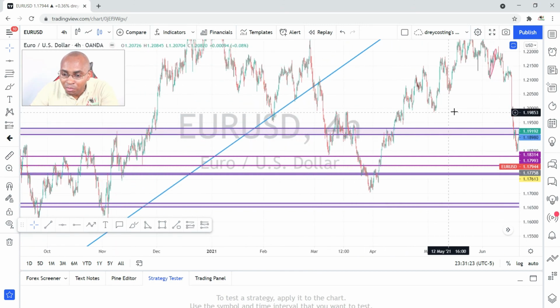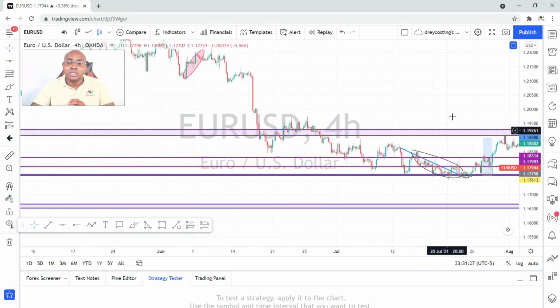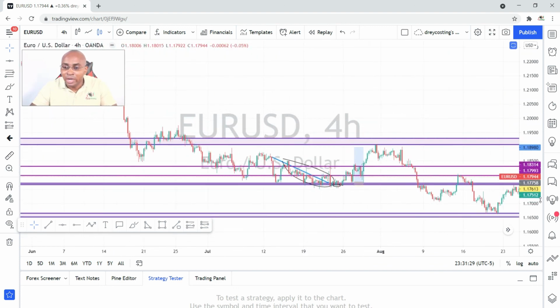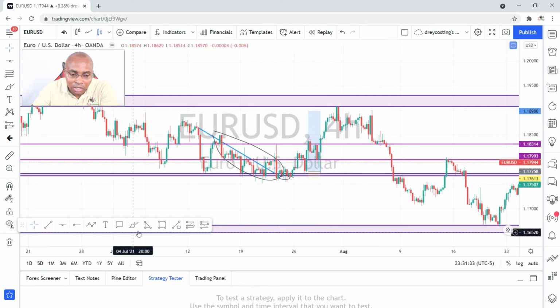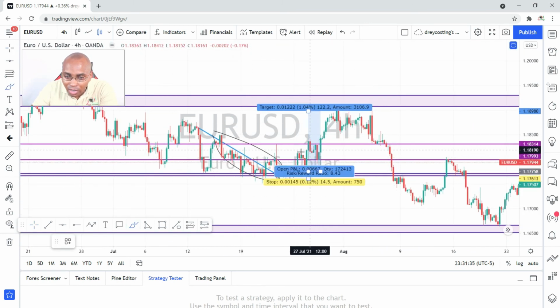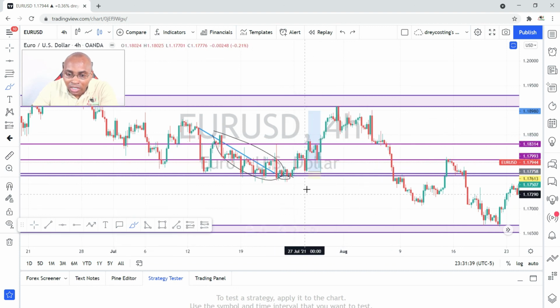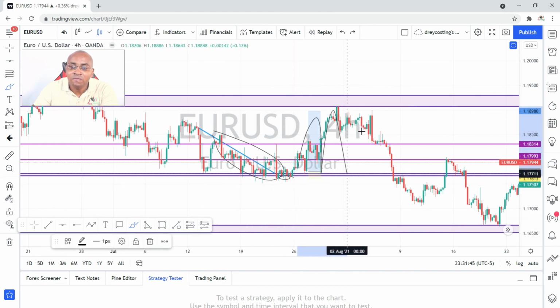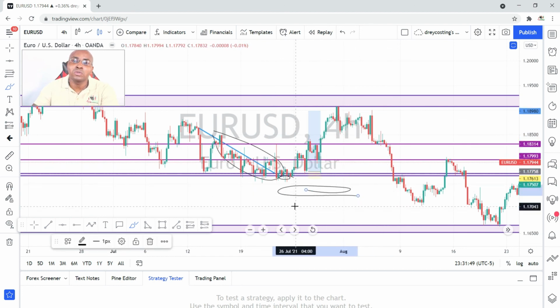In between, where you have the support and resistance, I'm not taking my entries there. Why? Say you take an entry about here, price comes back right here, but notice it's not coming back outside here, because in here is the fluctuating zone, and out here will be the stop loss zone.